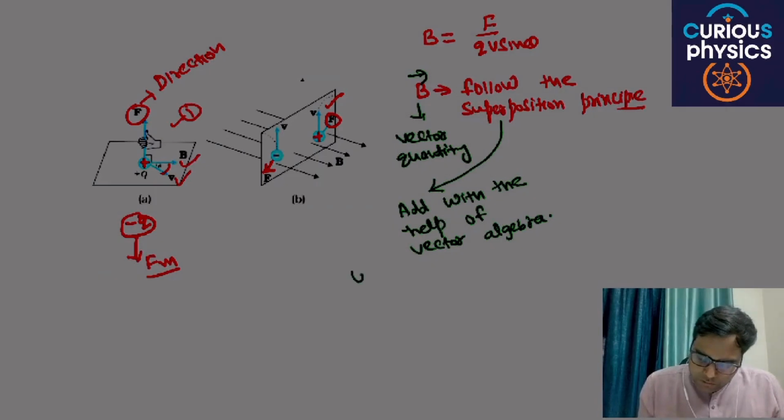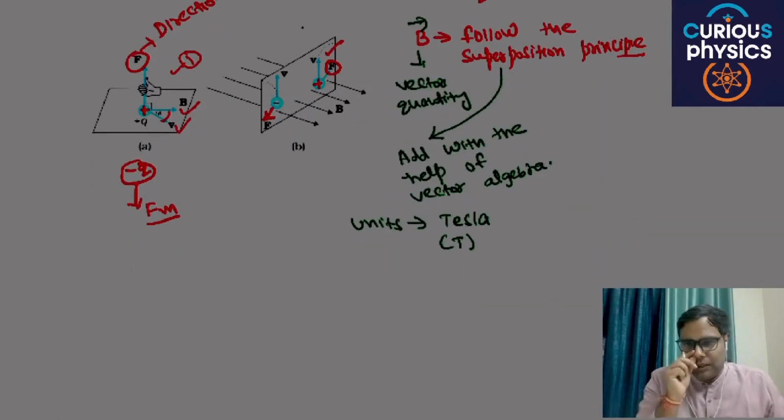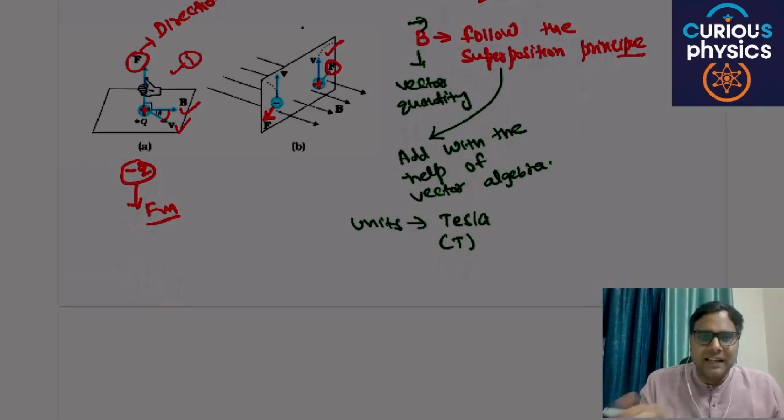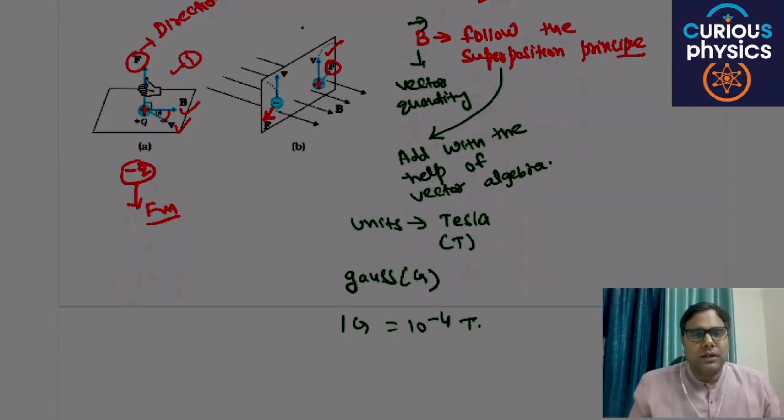The unit of magnetic field is Tesla. Another unit we will discuss in the next chapter. One more, smaller unit is Gauss. 1 Gauss is equal to 10 raised to power minus 4 Tesla.